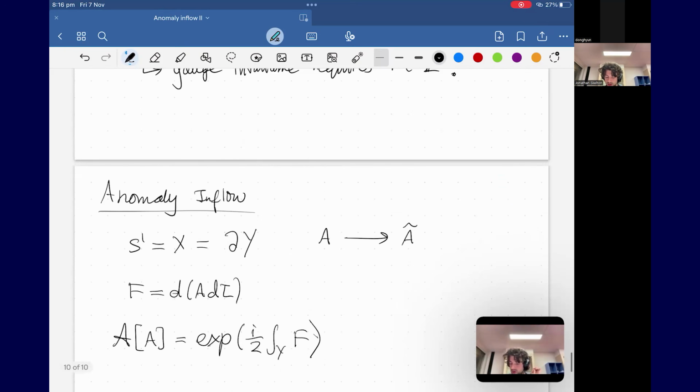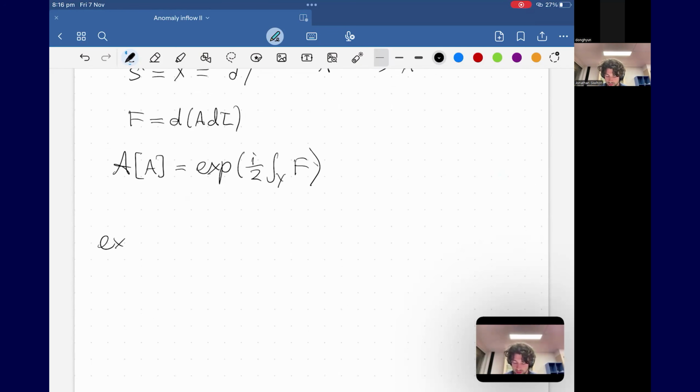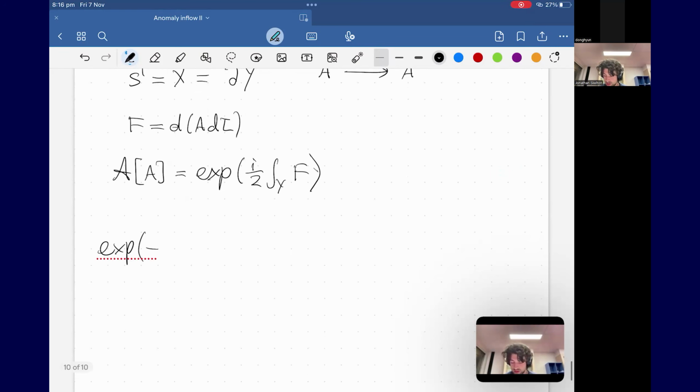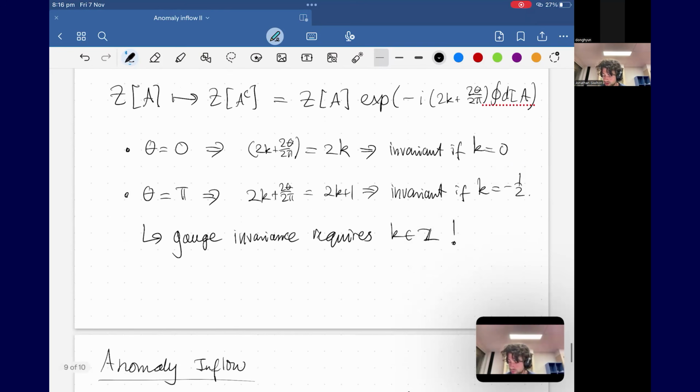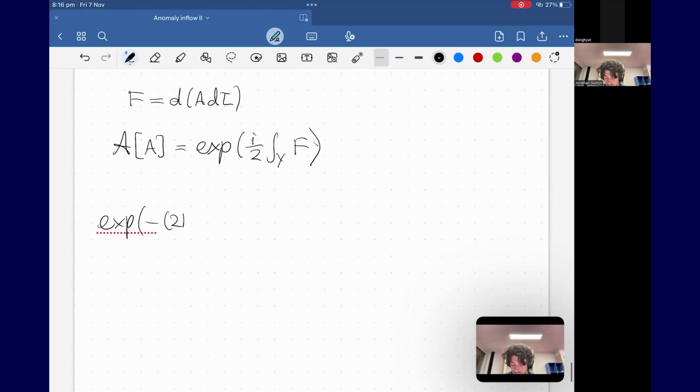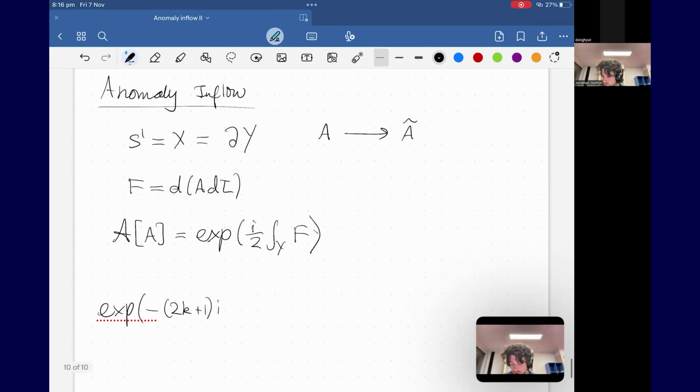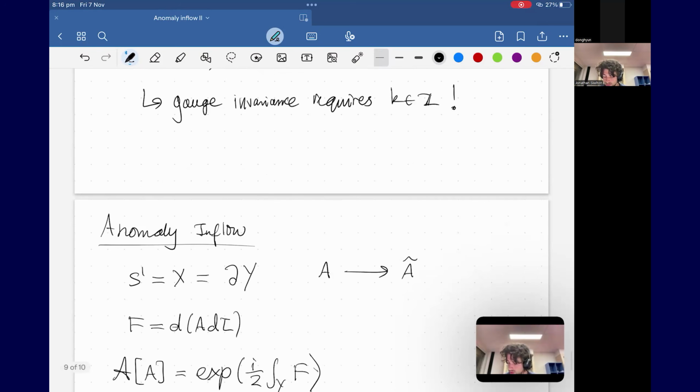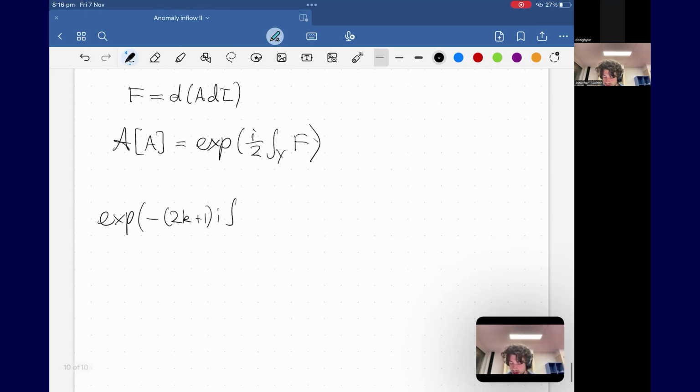So just to write this example, we have exponential of minus i(2k plus 1) integral on the circle of our field A d tau.